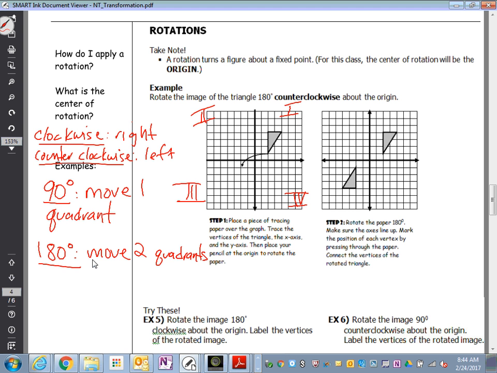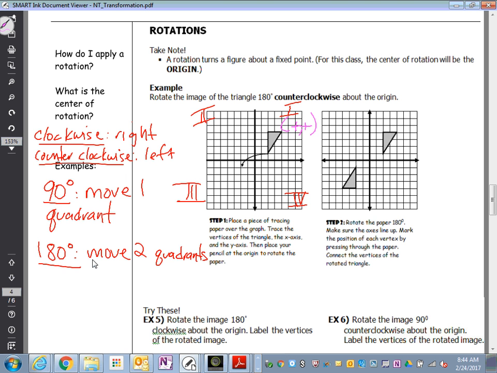Now, here is the tricky part. Do you remember what the coordinate signs are if you have a point in quadrant 1? Both the x coordinate and the y coordinate will be positive, positive, right? How about if we end up in quadrant 2?